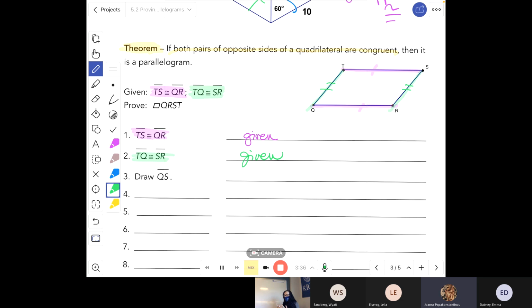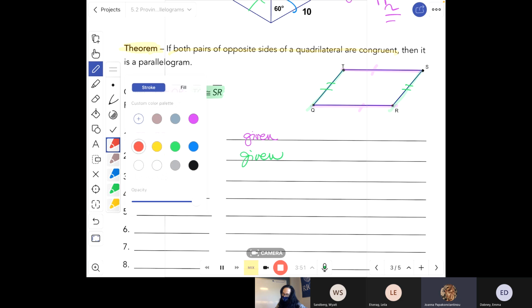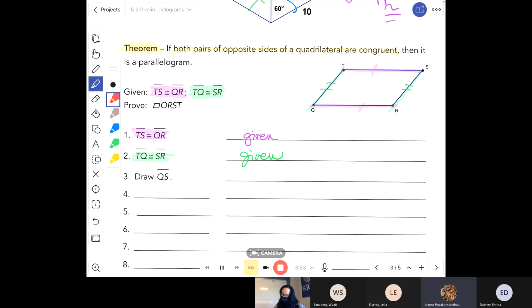Now, you've been told to go ahead. They're giving you a hint. They're saying, go ahead and draw QS, the line segment QS. So let's draw the line segment QS. And that happens to be a diagonal, right?